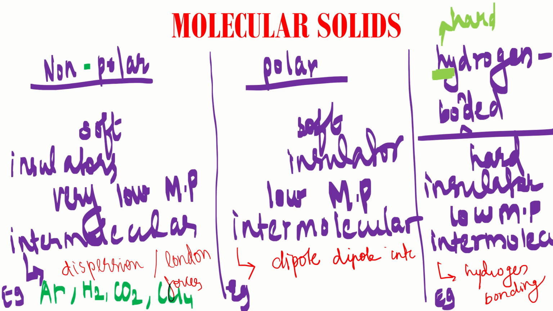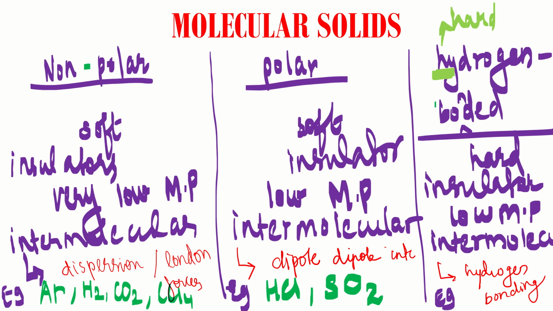Next, coming to polar, we have HCl and SO2 as examples. Polar solids are soft, they are insulators, with a low melting point. Dipole-dipole interaction is the intermolecular force. Examples are HCl and SO2.